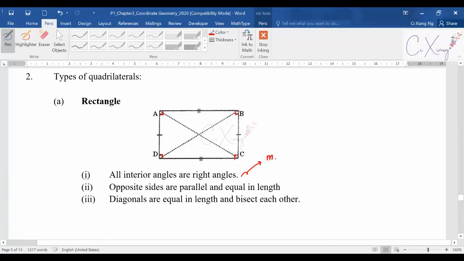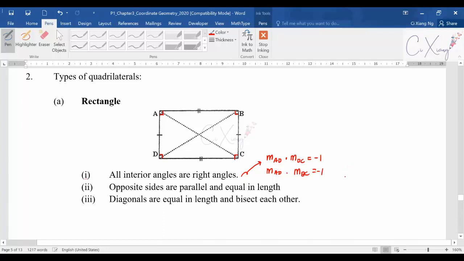You can actually know that the gradient of AD multiplied with the gradient of DC is equal to -1. AD and DC. Or maybe you can have the gradient of AD multiplied with the gradient of BC, it is equal to -1. And so on. There are a few equations here.